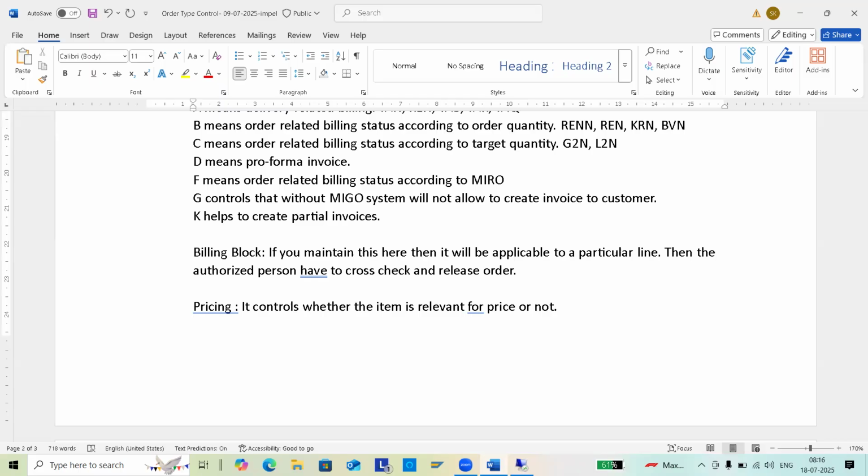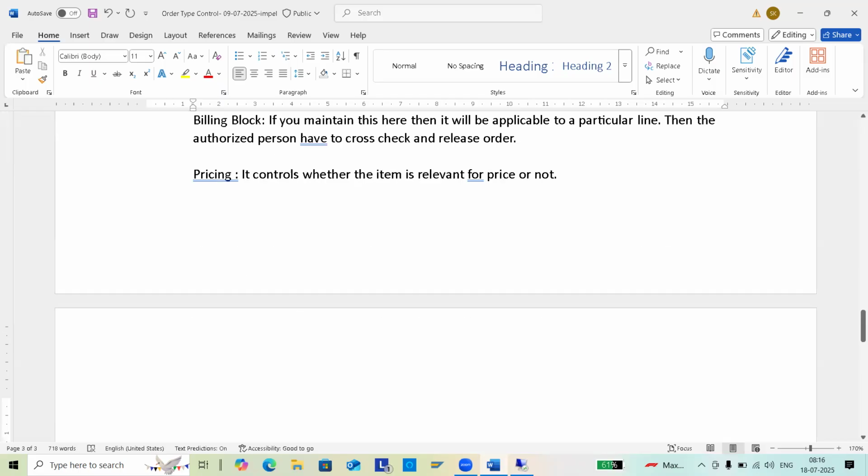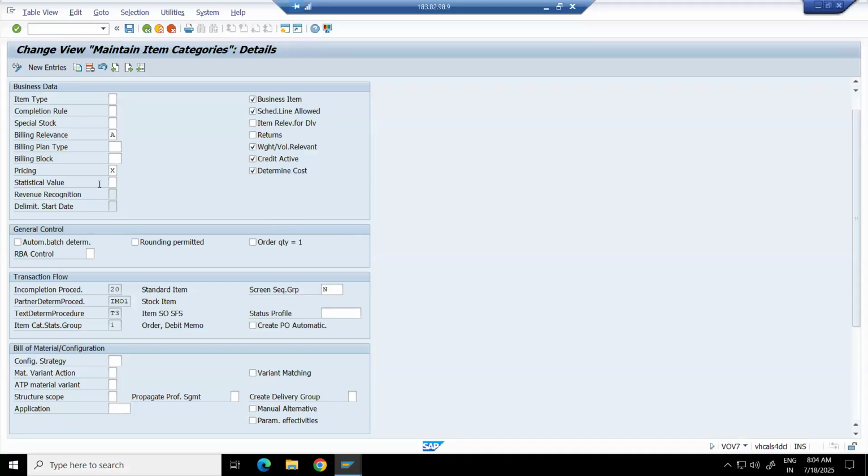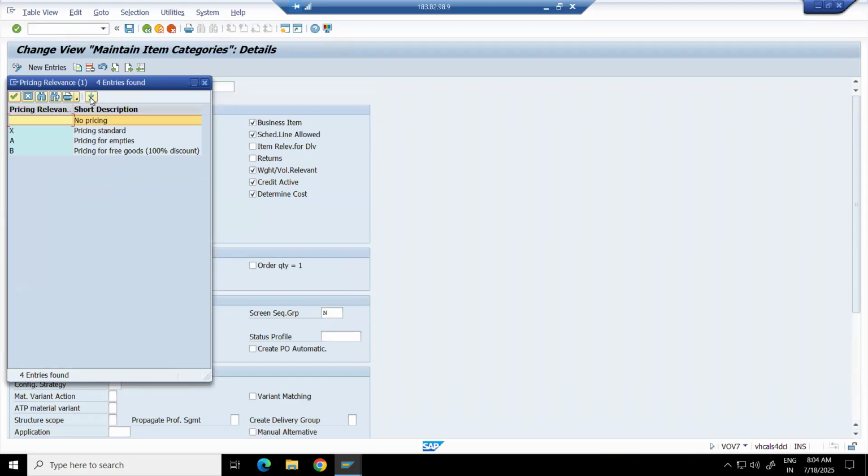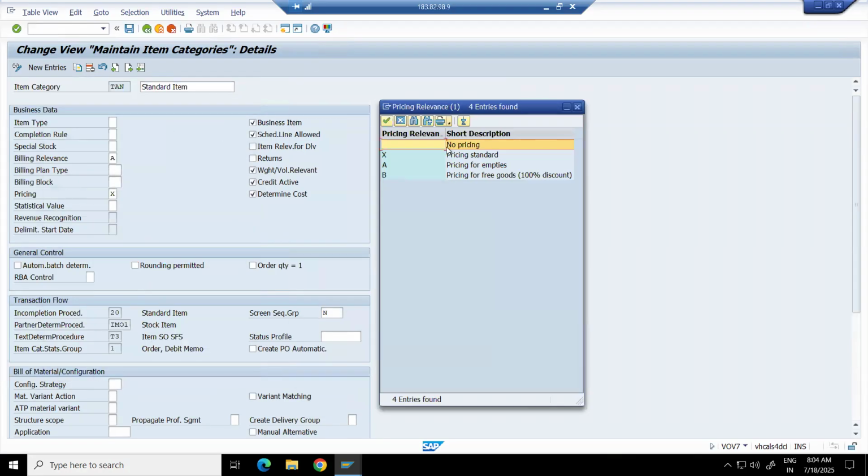So the first definition is whether it is relevant for pricing or not. What is the second? You go there and you can see some options, right? Blank means no pricing, X means pricing. It also controls the pricing for free goods, 100% discount.